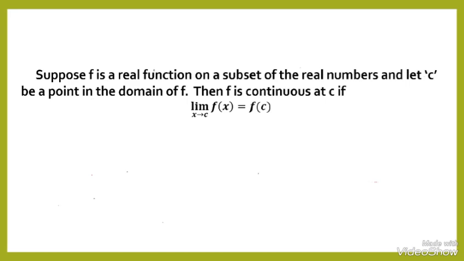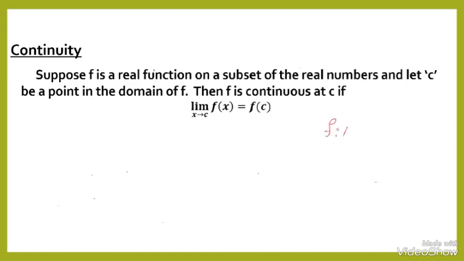First, the basic definition of continuity. Suppose f is a real function. Already we know real functions: the domain and codomain are both real numbers, so we define a function from R to R, and it is called a real function.